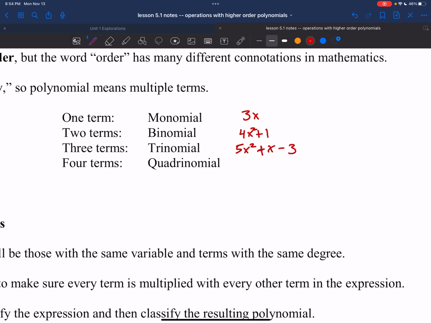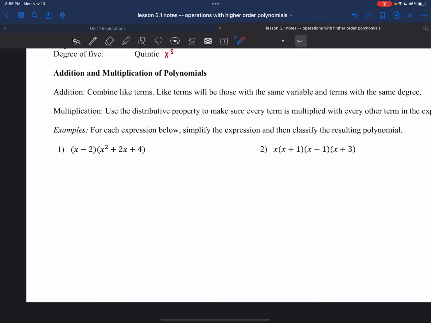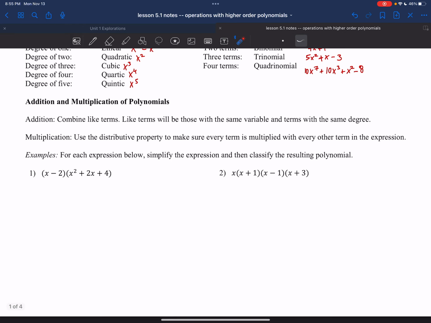And then a quadrinomial is going to be like 10x to the 7th plus 10x to the 3rd plus x squared minus 8. I don't know. It doesn't matter. I'm just making things up. And that's just meant by the number of terms, right? 1, 2, 3, and so forth. Okay. Yada, yada, yada. That's boring.